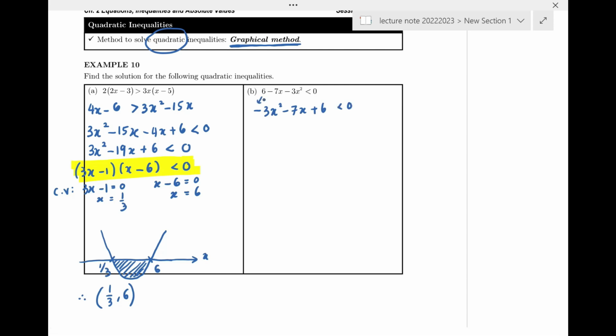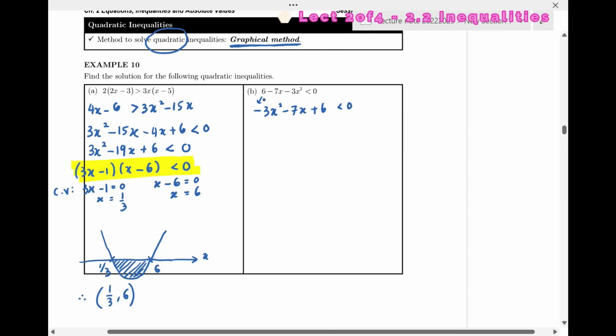I multiply both sides of the inequality by negative 1. If I multiply with a negative value, the symbol will definitely change. So 3x squared plus 7x minus 6, and the symbol will also change to greater than 0.